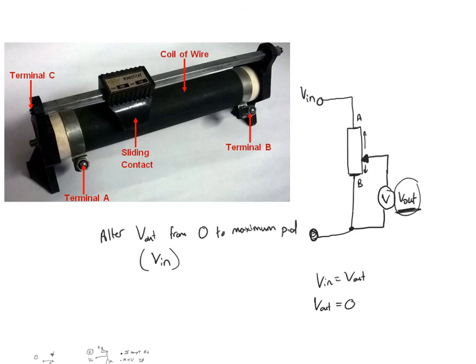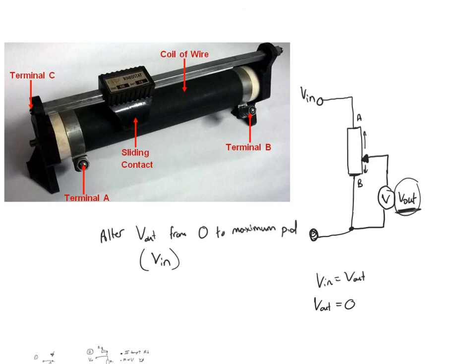With the potential divider circuits, we can't do that. If you have a fixed resistor, that resistor will always get some part of the V in. So you won't be able to get a 0 V out, or a maximum V out equal to V in, because you still have a fixed resistor that still shares some of that value.